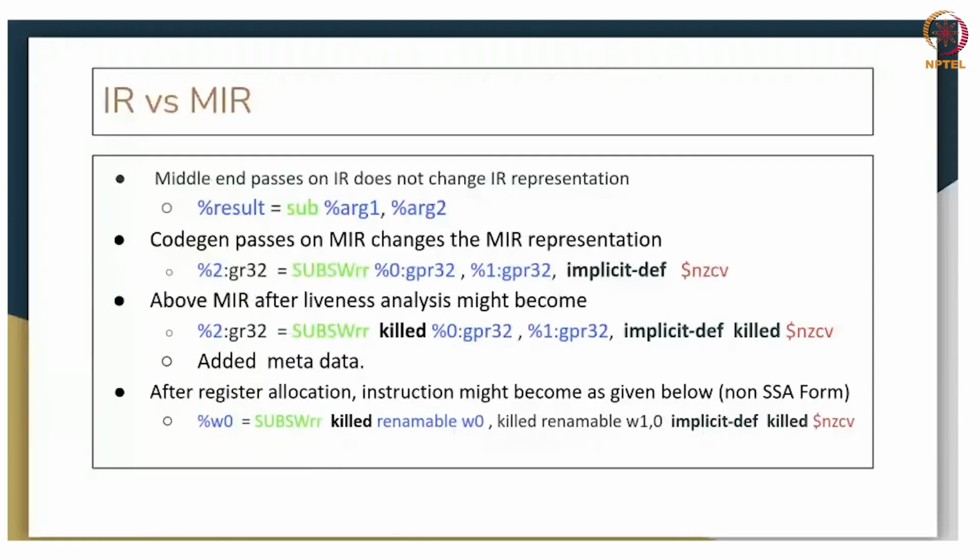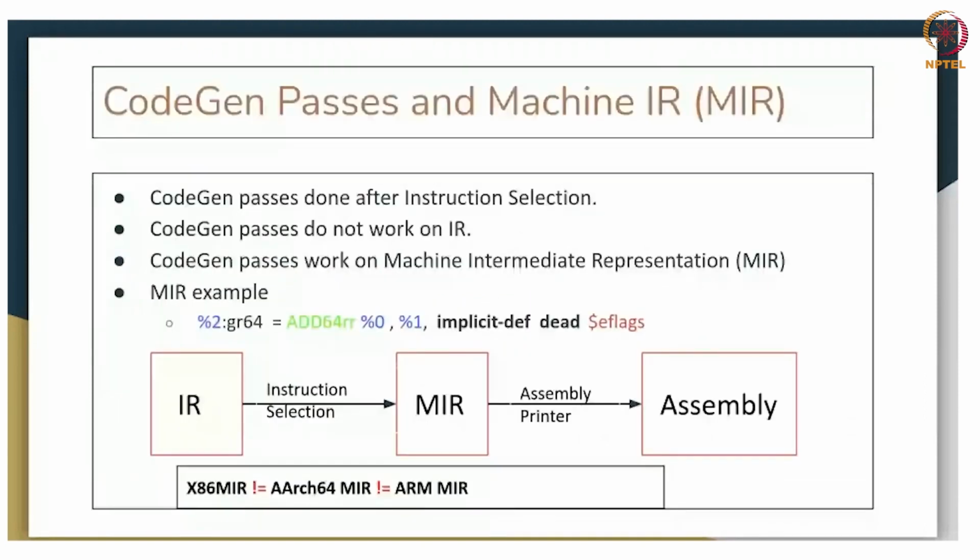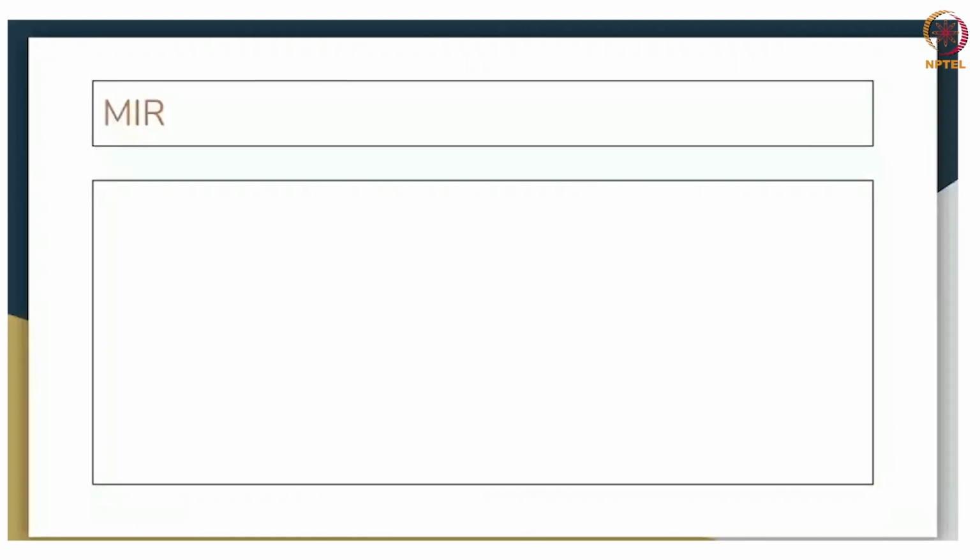So the thing is, it goes through different passes. I would like to say this is a high level picture, but it's not that MIR is directly converted to assembly. There will be some intermediate passes, and the final step is assembly printing. One of the passes will be register allocation.